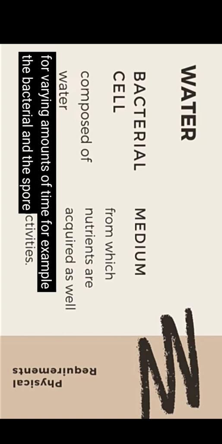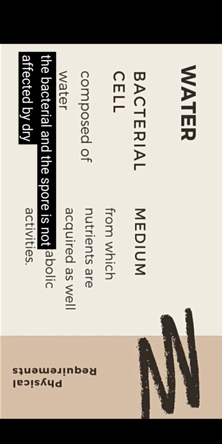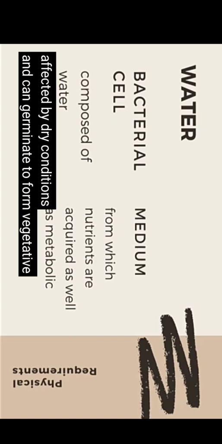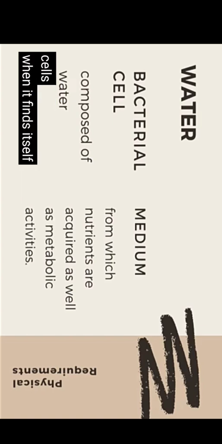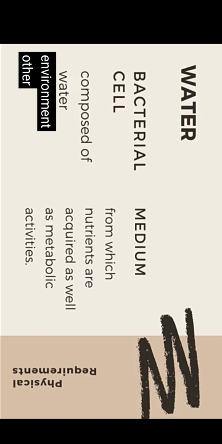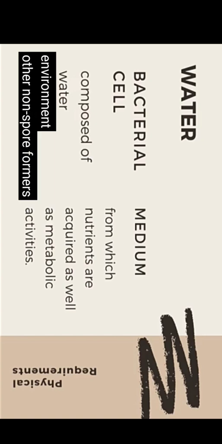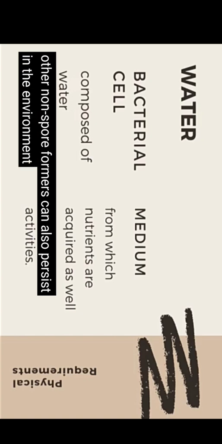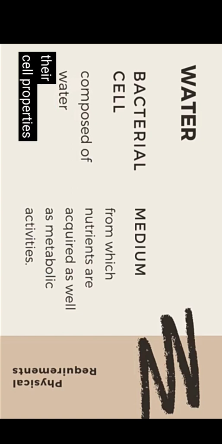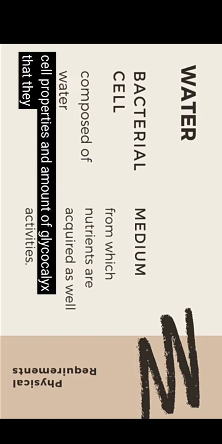For example, the bacterial endospore is not affected by dry conditions and can germinate to form vegetative cells when it finds itself in a moist environment. Other non-spore formers can also persist in the environment for varying amounts of time based on cell properties and the amount of glycocalyx that they produce.